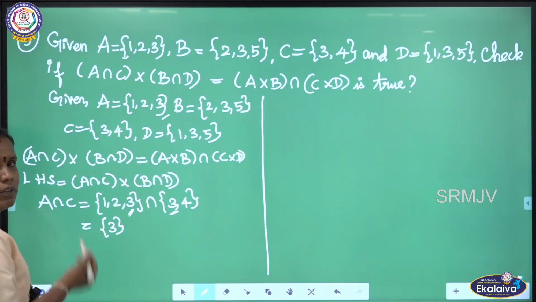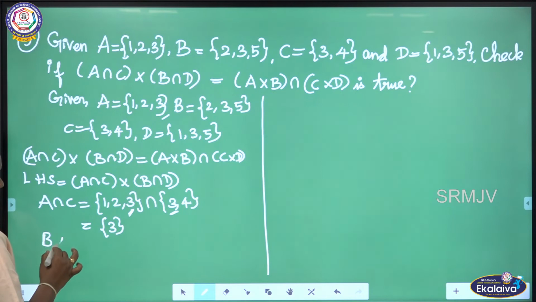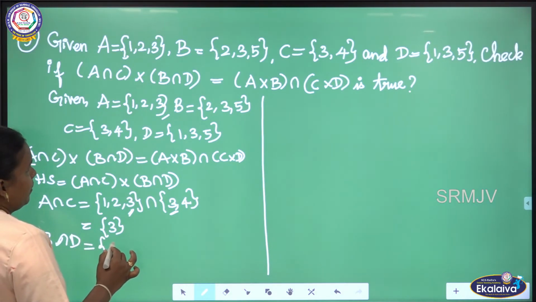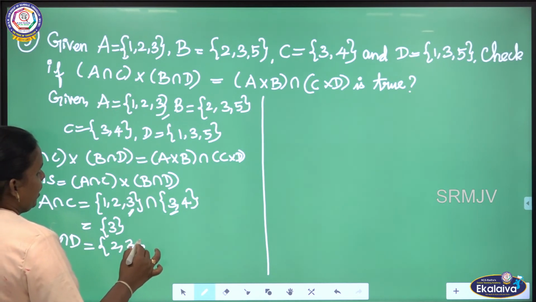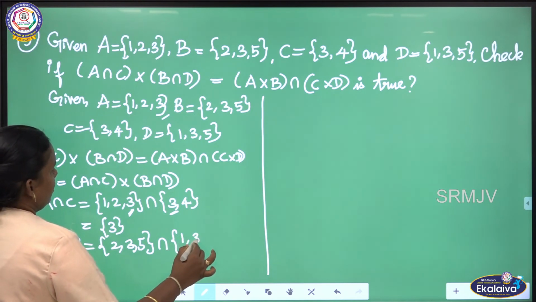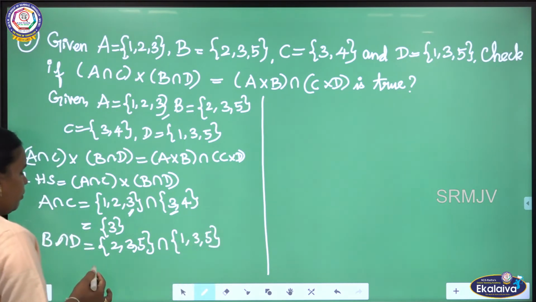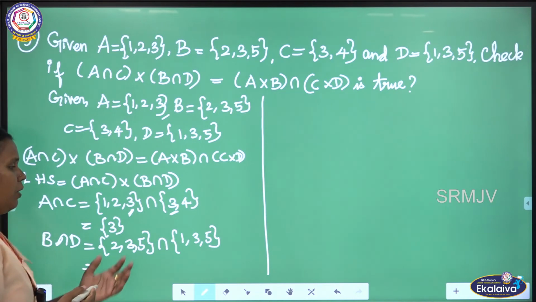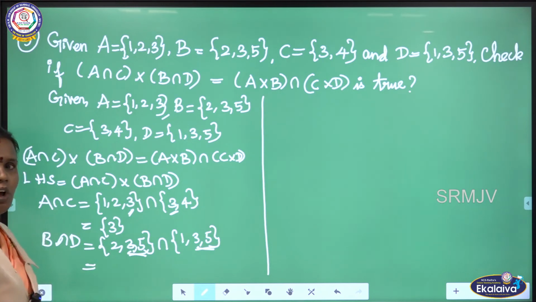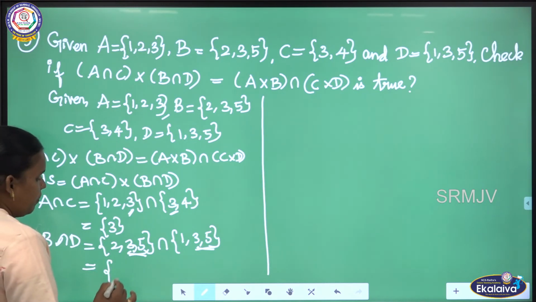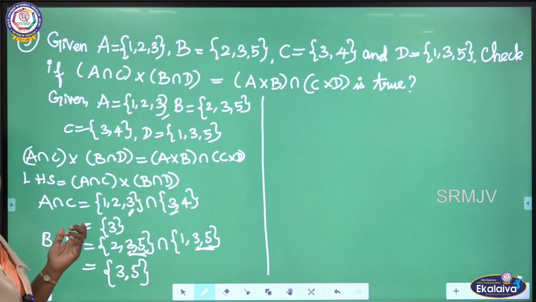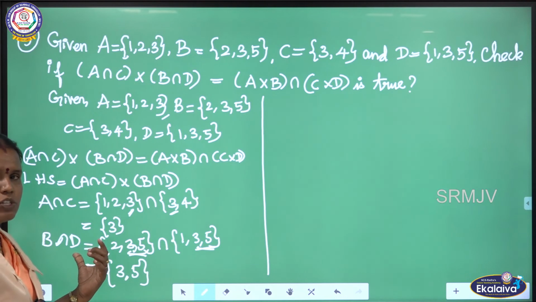Then we proceed with B intersection D, which is B set {2, 3, 5} intersection D set {1, 3, 5}. Observing these two sets, 3 and 5 are common in both sets, so you can write {3, 5}. Are you clear with this intersection part, A intersection C and B intersection D?